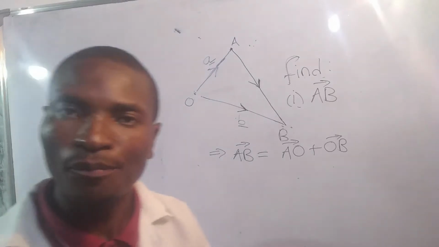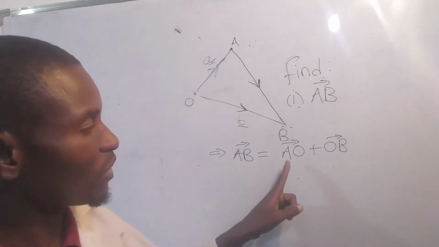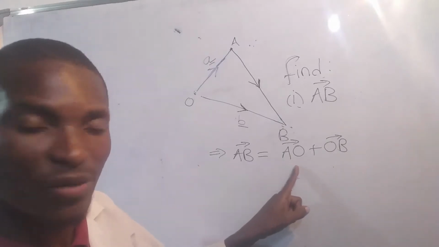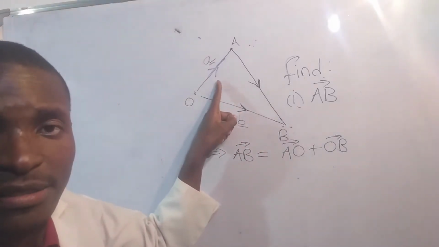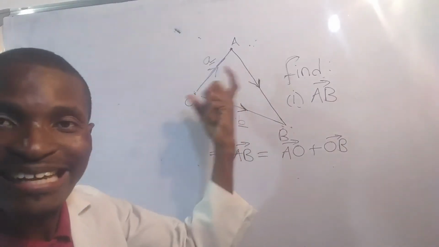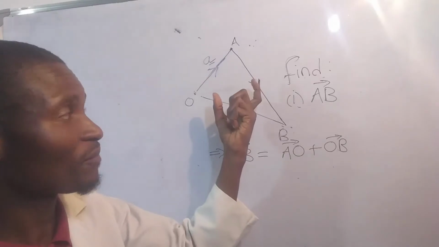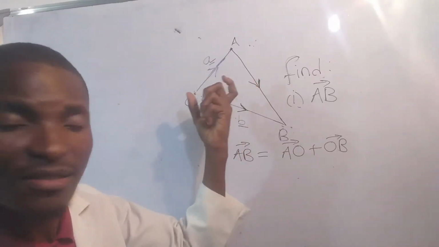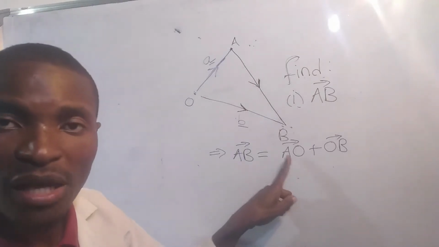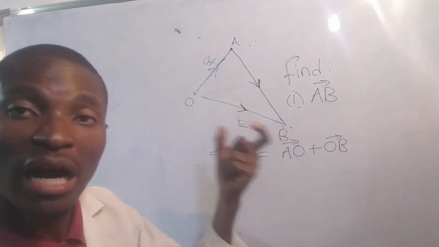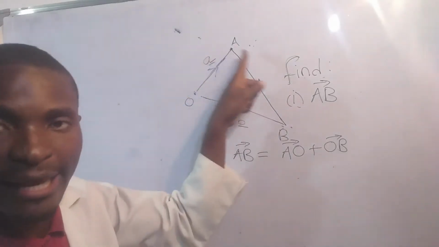Now, the other important information that you should understand is that when you look at the navigational direction of AO, it is opposite to how the direction is written in the diagram. It is different, and the fact that it is different simply means that we don't have AO, but what we have is OA.